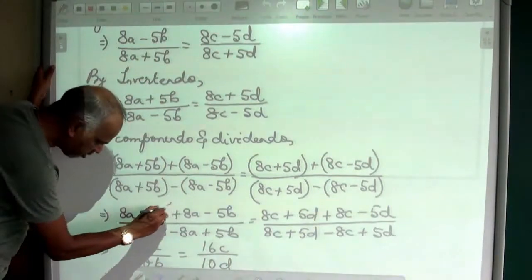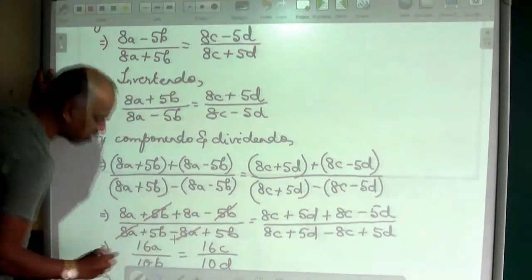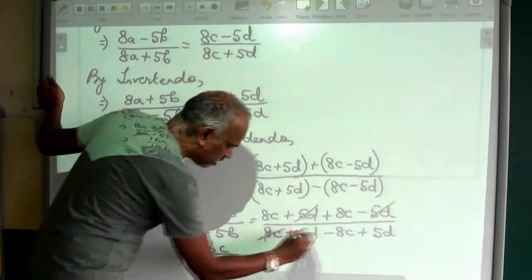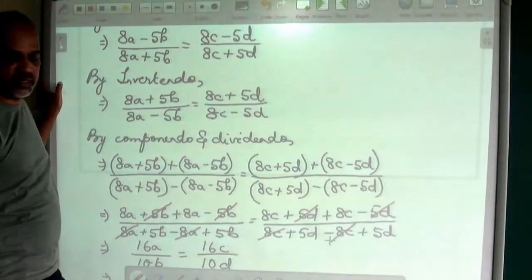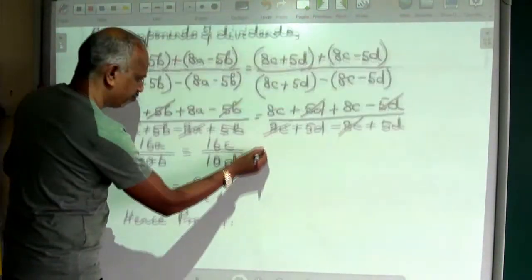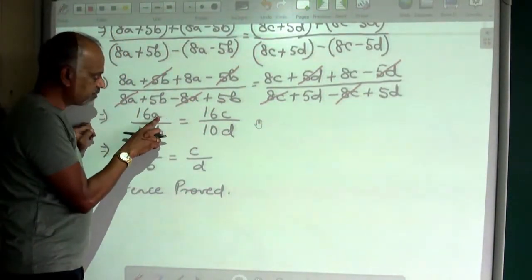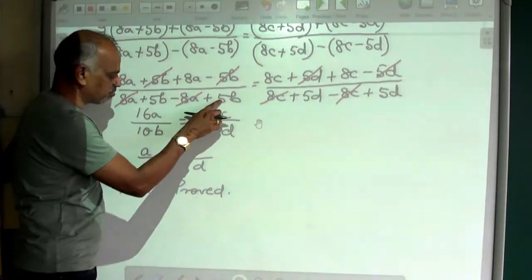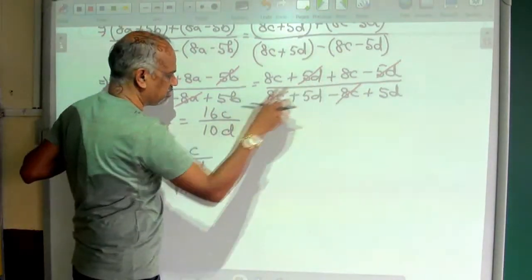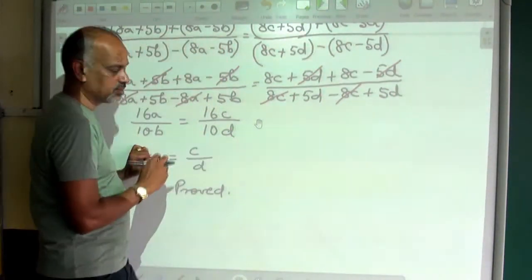See what you can cancel here. You can cancel plus 5b minus 5b, 8a minus 8a, plus 5d minus 5d, 8c minus 8c. So what is left now is 8a plus 8a, which will give you 16a, divided by 5b plus 5b, which will give you 10b, is equal to 8c plus 8c, which will give you 16c, divided by 5d plus 5d, which gives you 10d.